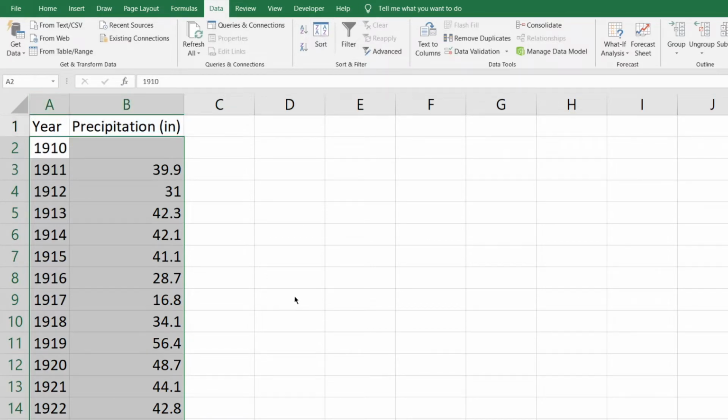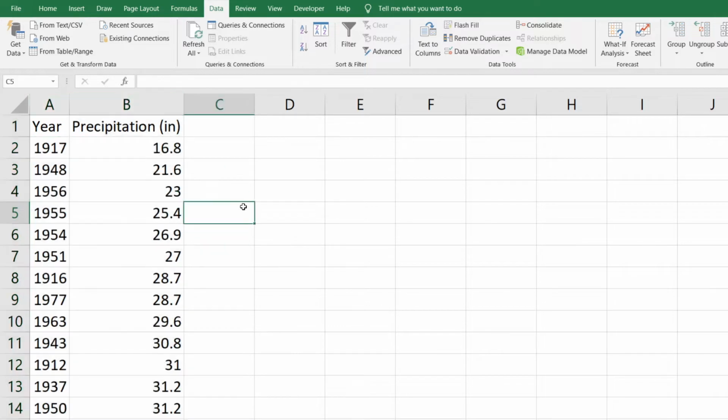I have to check my data has headers, and I'm going to sort the column by precipitation, smallest to largest.